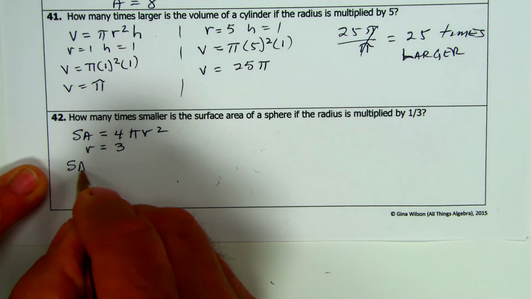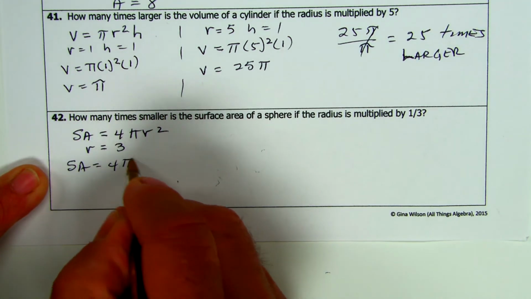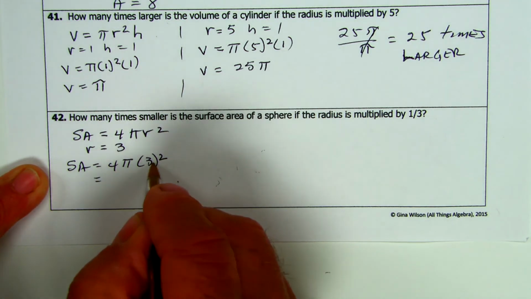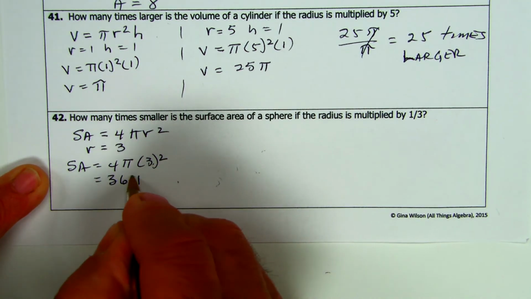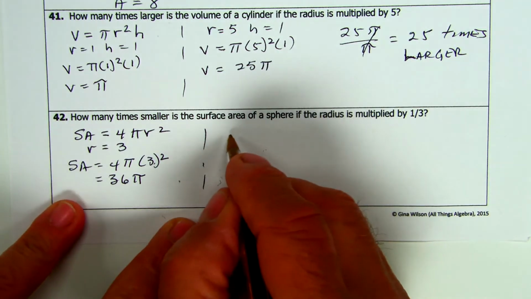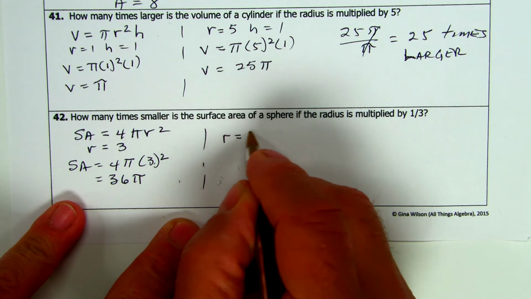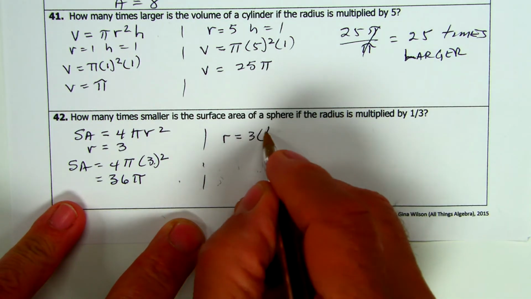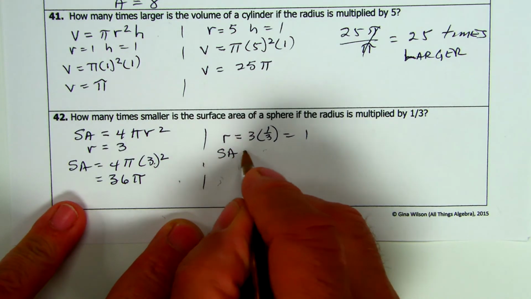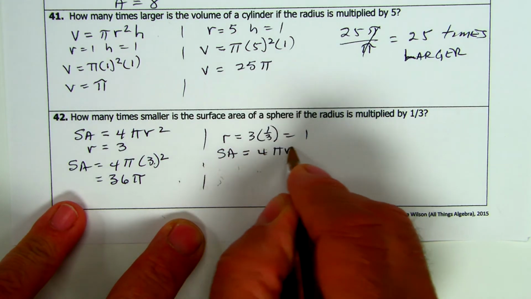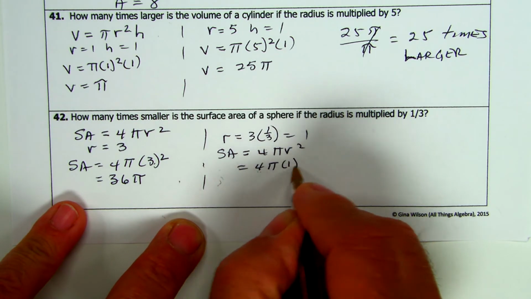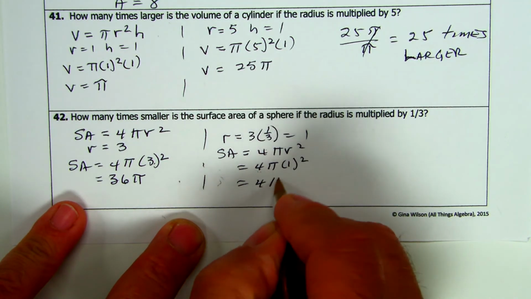So the surface area then would be 4 times pi times 3 squared. So that's going to equal 36 pi. Alright, and if we multiply it times 1/3, the radius would be 1. So the surface area, 4 pi r squared, would equal 4 times pi times 1 squared, which equals 4 pi.